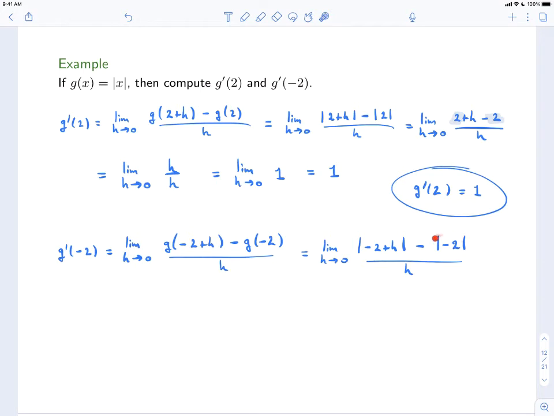Well, now we have a negative number here. So the absolute value of negative 2 is going to give you a positive 2. But what about this? Well, this is also a negative number. h is really small, it's close to 0. So negative 2 plus h is going to be really close to negative 2. So the absolute value is going to give us a positive number. So it's negative right now, so it's going to give us the opposite of that. So it's going to be minus negative 2 plus h minus, and again the absolute value of this is 2.